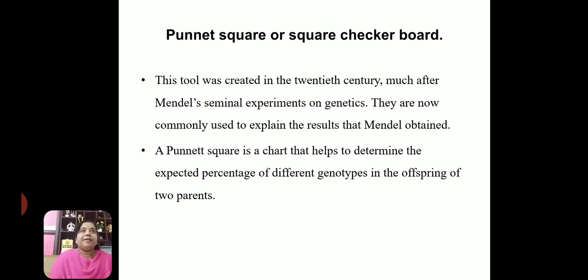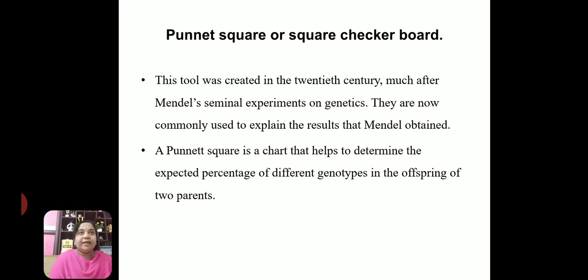Then another term is the Punnett square, or checkerboard. When we write genotypes and phenotypes in a ratio method, if the number of alleles in a locus is more, we already know that in a dihybrid there will be 16 different individuals.